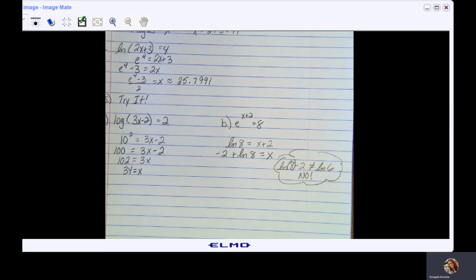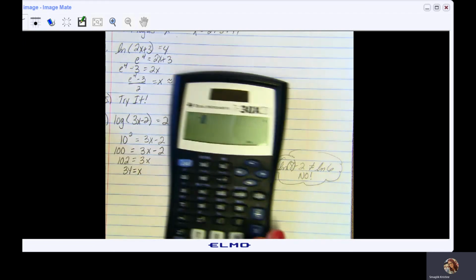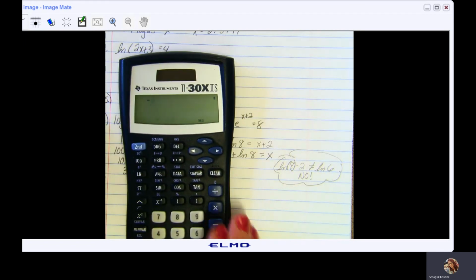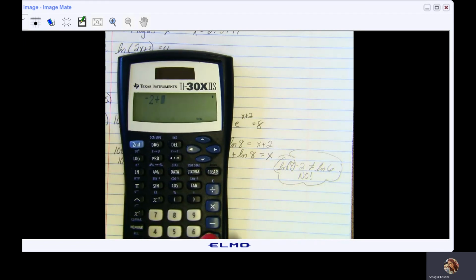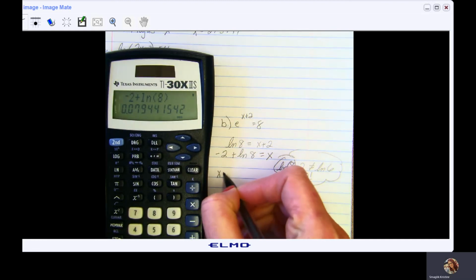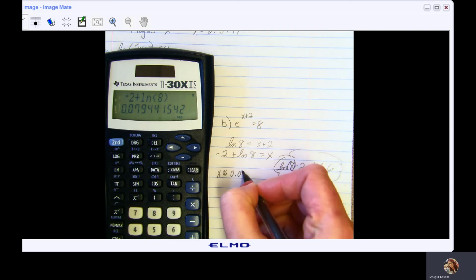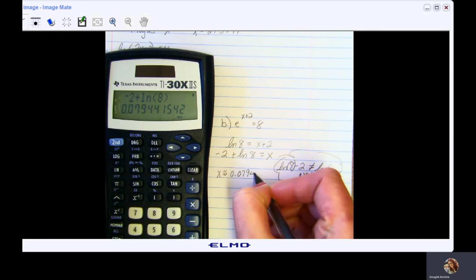So let's go ahead, grab the calculator, punch this up, and see what we get. I'm going to have the negative 2 plus natural log of 8, close the parenthesis, equals, we get approximately, let's jot this down, x is approximately 0.0794.